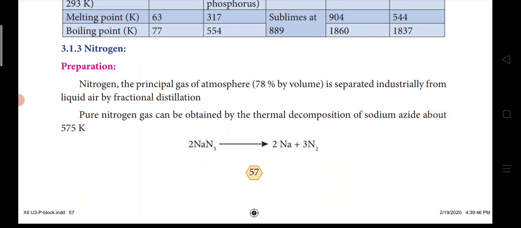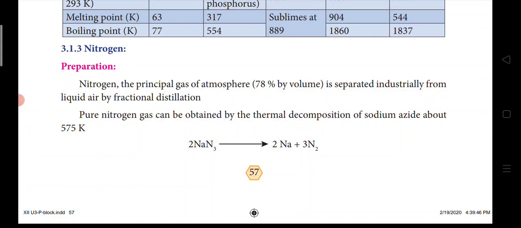Moving on to the preparation. We will be seeing the preparation, properties and uses of nitrogen. Nitrogen is the principal gas of the atmosphere, because it is present at 78% by volume. It is separated industrially from liquid air by fractional distillation. So how is it separated from the atmosphere?